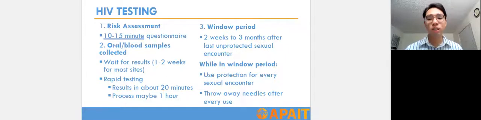While a person is in the window period, they are advised to reduce their chances of opening up another window period. During that time, they could use protection for every sexual encounter or throw away needles after every use.